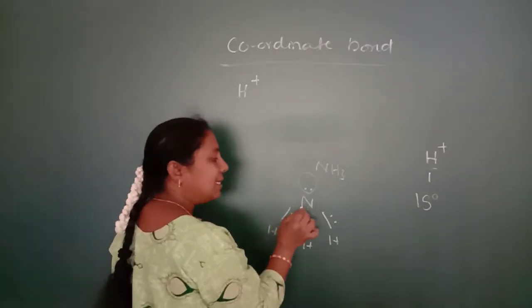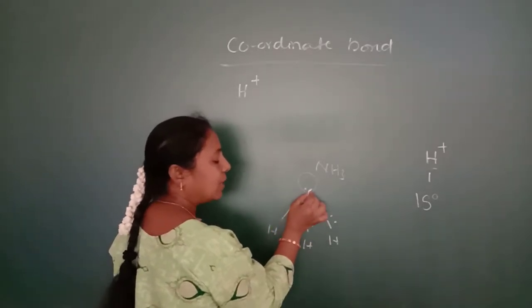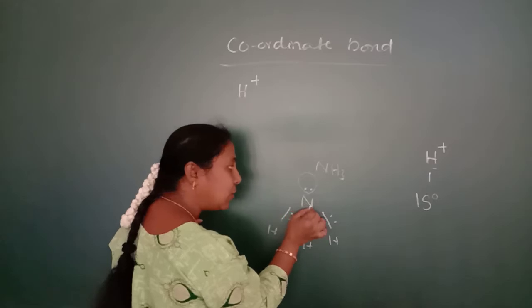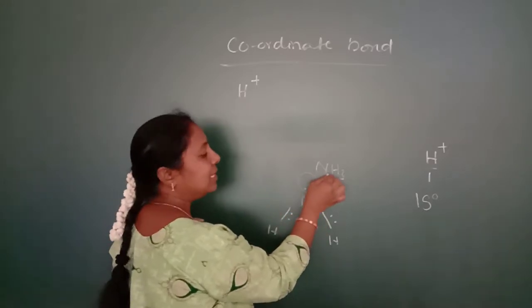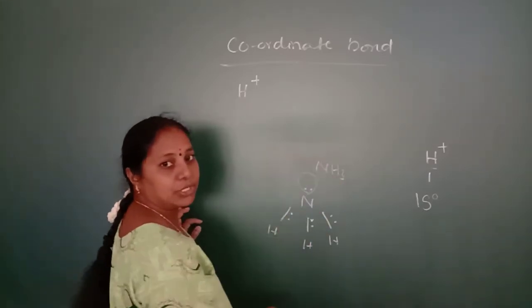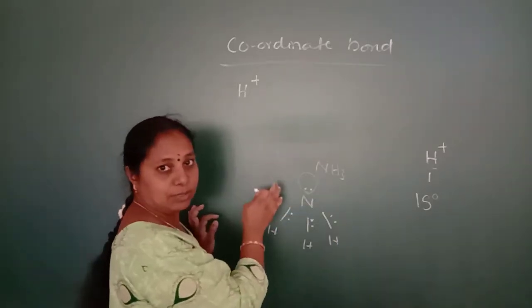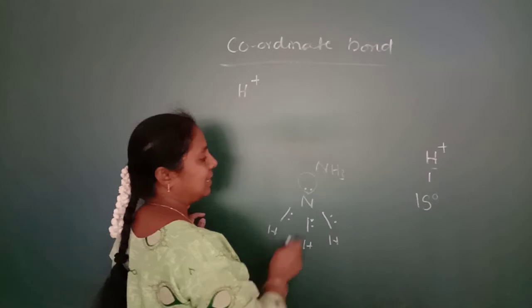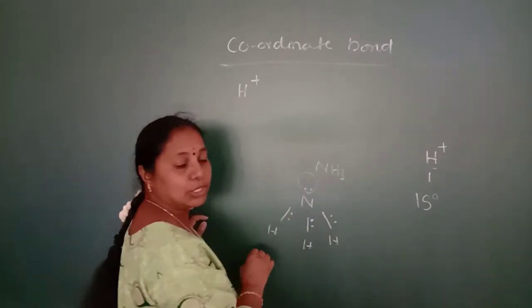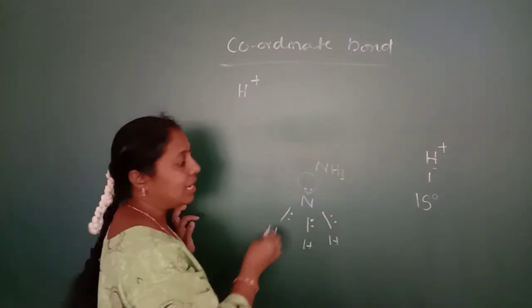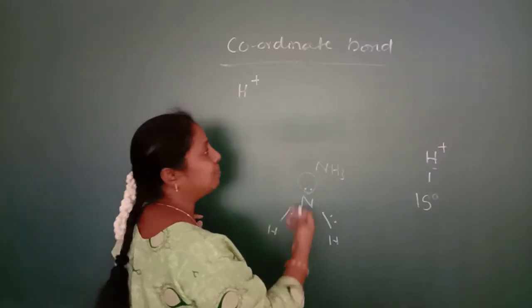Due to the existence of a pair of electrons belonging to nitrogen, this ammonia has the capacity to donate this pair of electrons to the electron deficient species. Hence it is called the electron rich species.